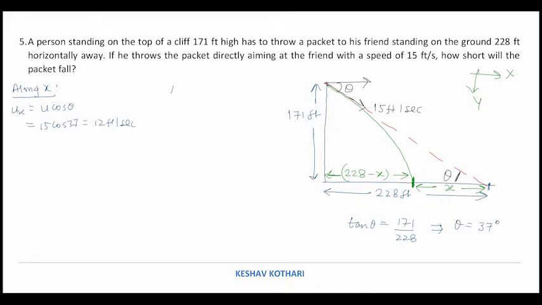Similarly, we do the calculation along y-axis. I write that along y-axis the value is equal to minus u sine theta, and if I put the value, that is minus 15 sine 37 degree, we obtain a value equal to minus 9 feet per second.